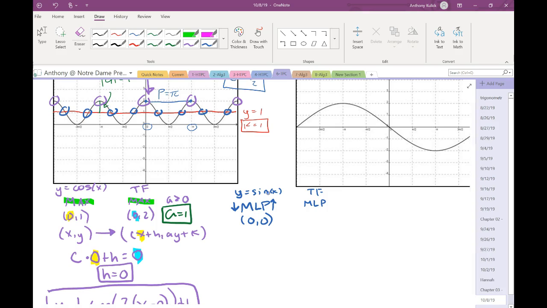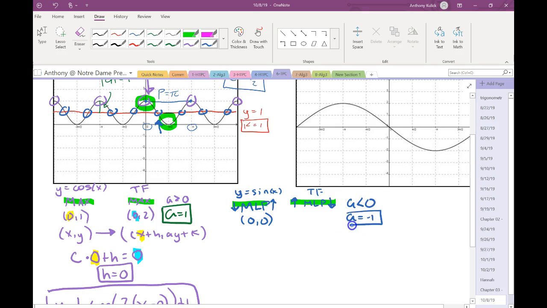So I can pick any of these midline points. If I picked, say, this value as my midline point, I notice that prior to that midline point, our graph is above the midline, and following that midline point, our graph is below. Because those are opposites, what that tells me is that my A should be negative.